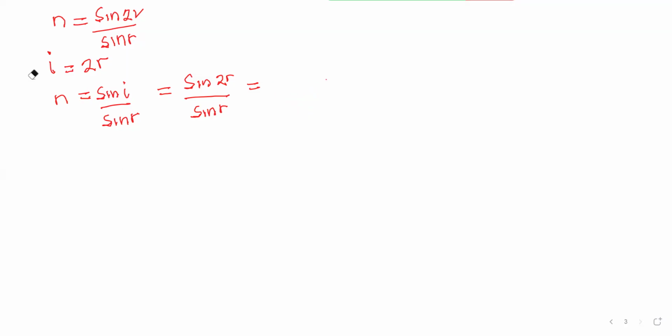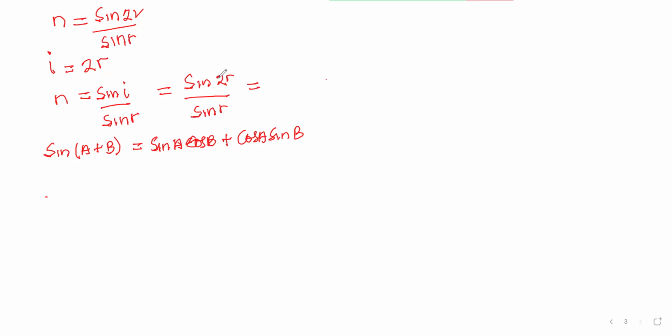So you must use this identity to expand it. When you have two different angles, the expansion of sine A plus B is sine of A times the cosine of B plus cosine of A times the sine of B. This is the identity to be used in expanding this.